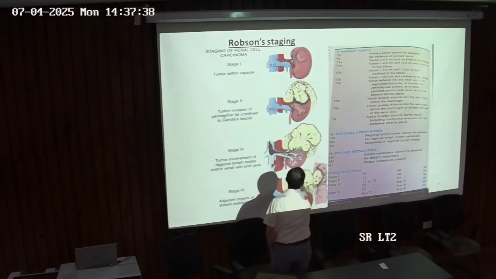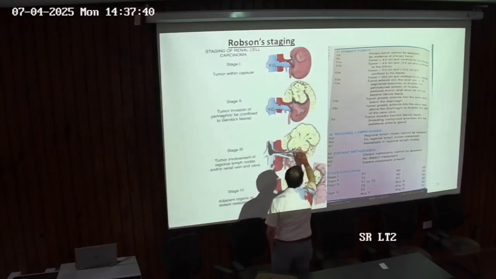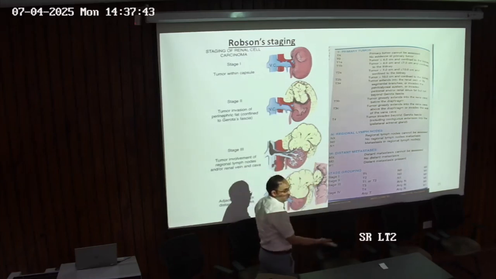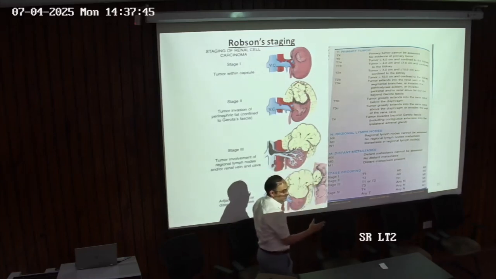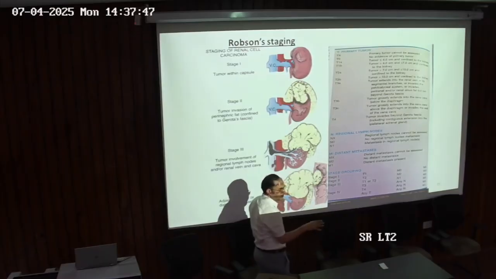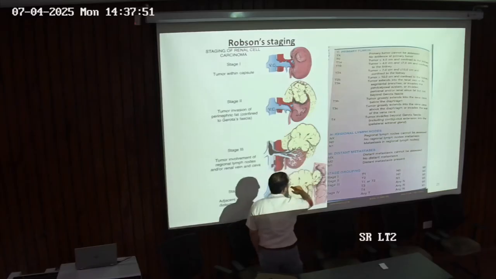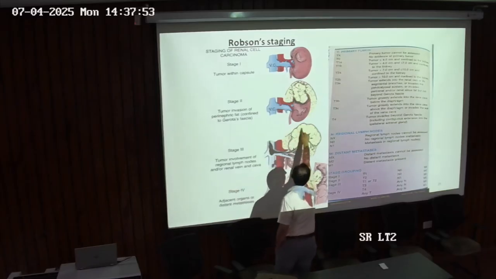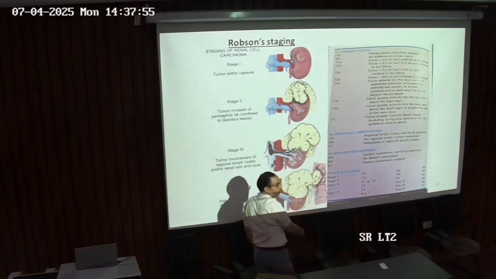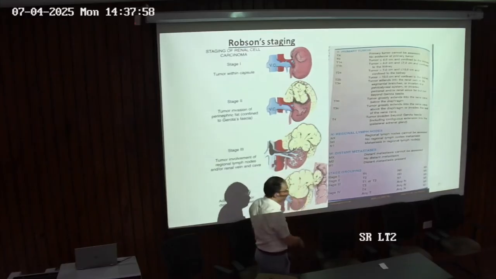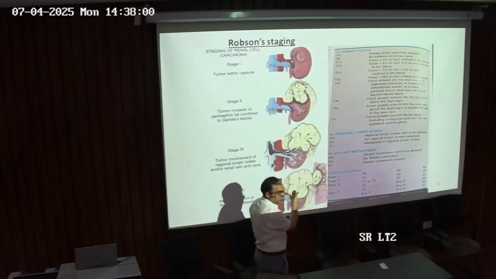If we remove only the kidney part, this one part, this is a simple nephrectomy, which is for non-malignant disease, for example a non-functioning kidney or pyelonephrotic kidney. In that case we do simple nephrectomy within the Gerota fascia. Why is involvement of the Gerota fascia important? Because it decides tumor staging.